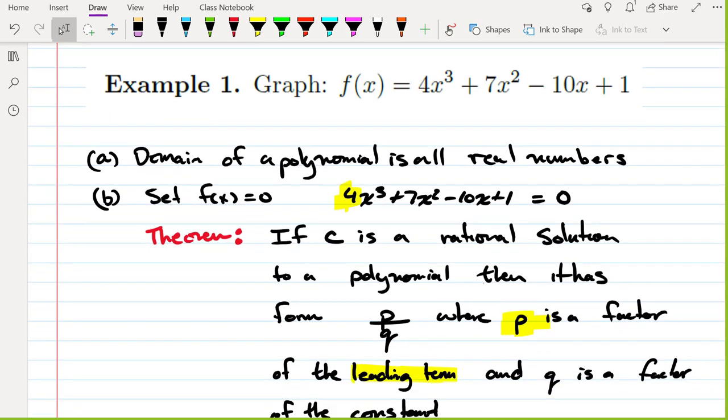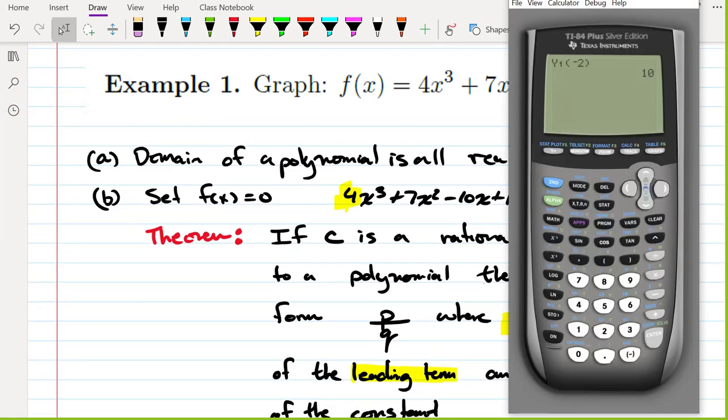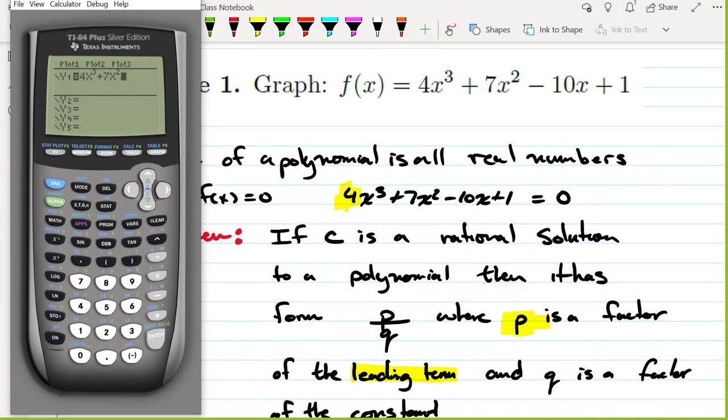So if we put in our negative 5/3, or if we just put this function into our calculator, we would have 4x cubed plus 7x squared minus 10x plus 1.